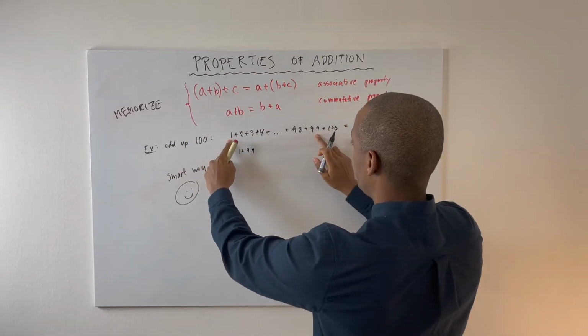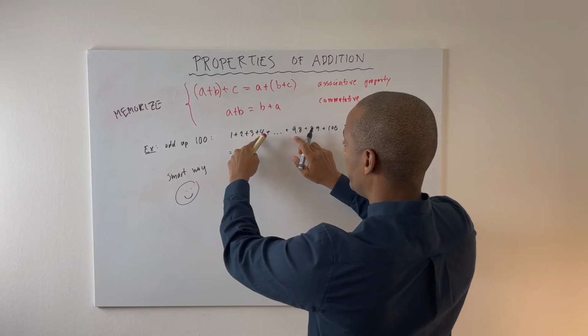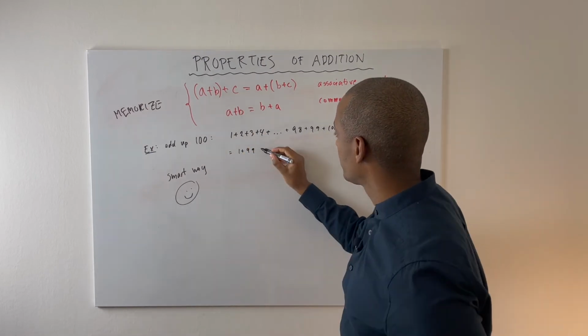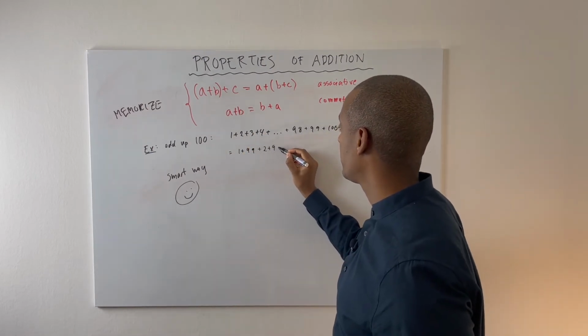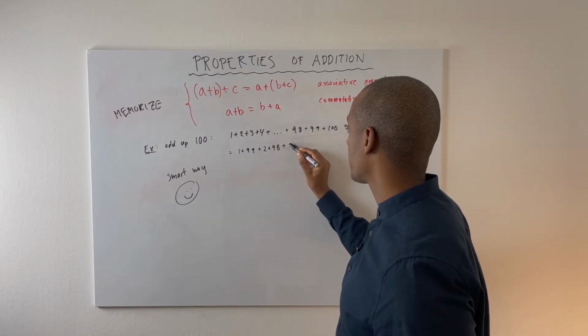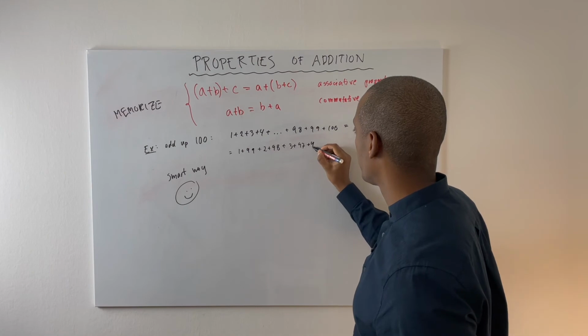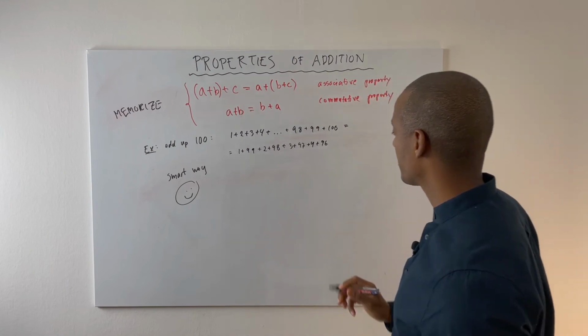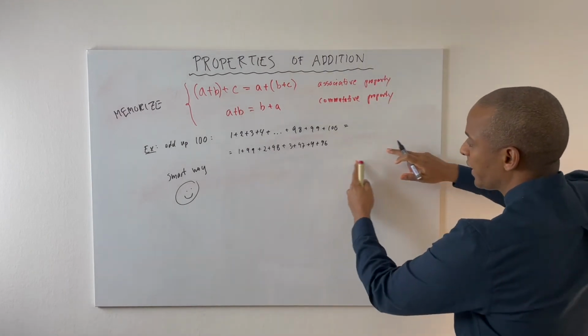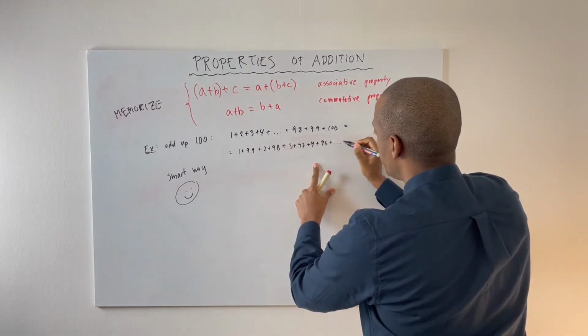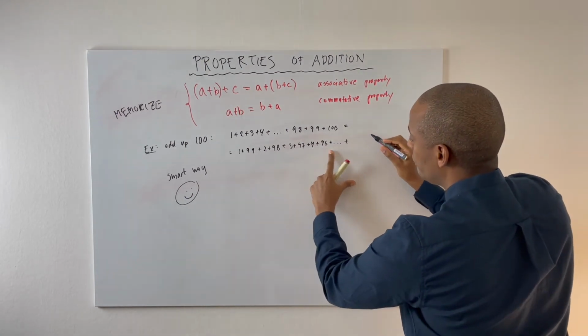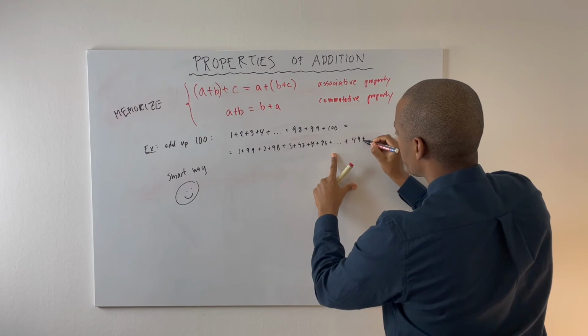That's these two, and then we're going to keep moving into the middle, like this. Plus 2 plus 98, plus 3 plus 97, plus 4 plus 96. You guys see this? And it's going to keep going like this until we get to 49 plus 51.